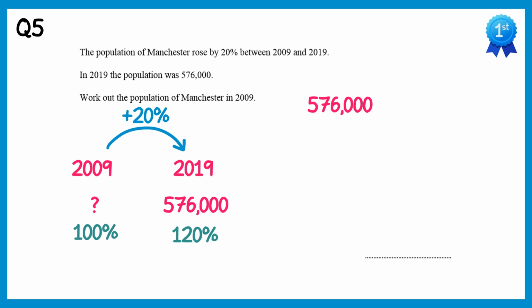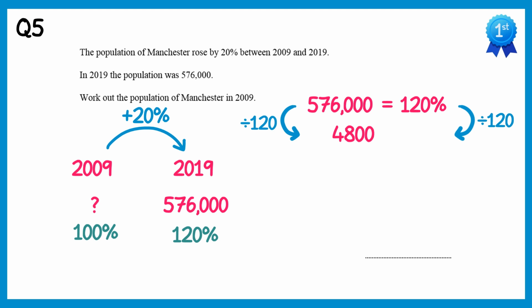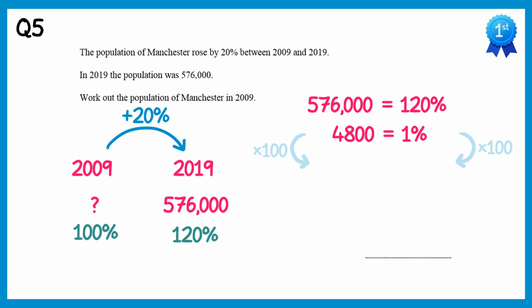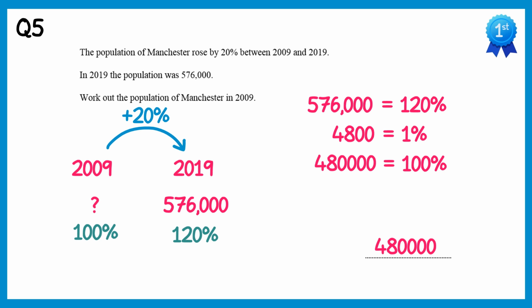If 576,000 is the same as 120%, we can divide both sides of this by 120, that would give 4,800 equals 1%, and then times both sides by 100, which would give 480,000 equals 100%. Since the amount we were after was equal to 100%, we found it. The answer is 480,000.